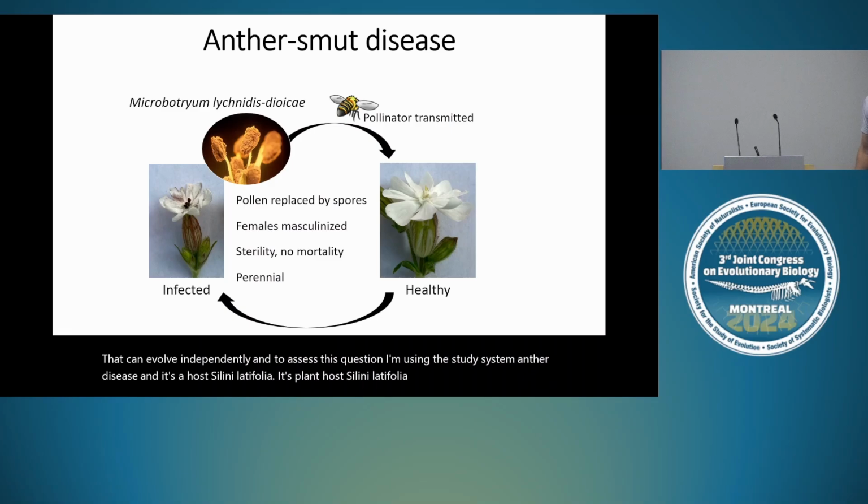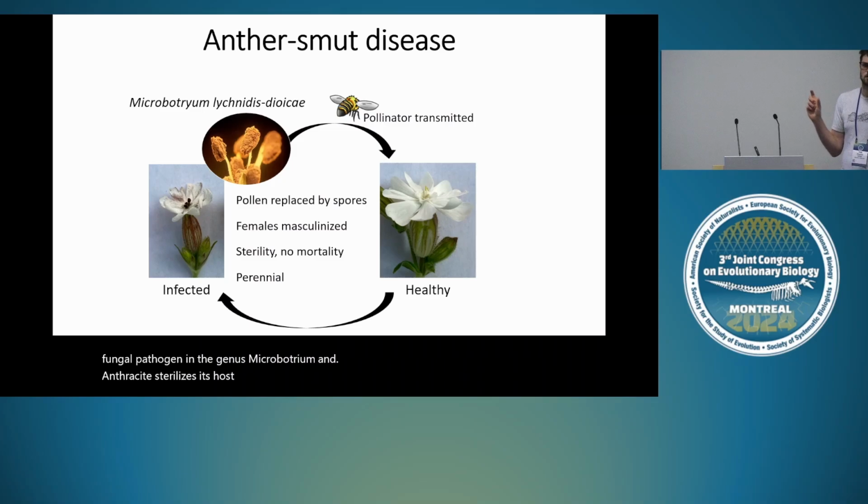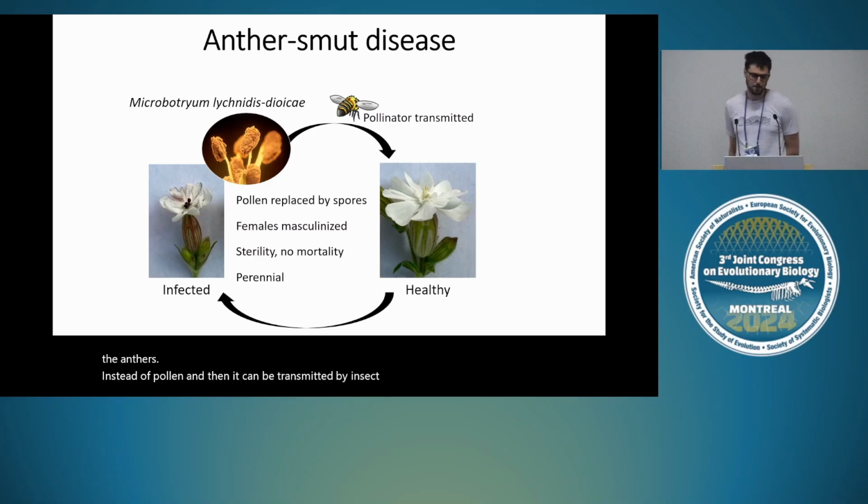Anther-smut is a fungal pathogen in the genus Microbotryum. It sterilizes its host plant and induces the host plant to produce infectious spores on the anthers instead of pollen, which can then be transmitted by insect pollinators to healthy plants.